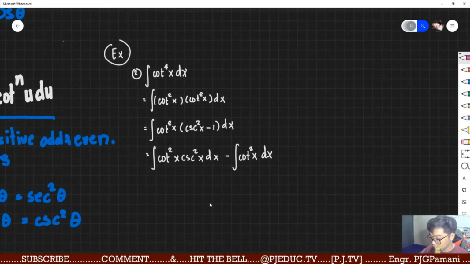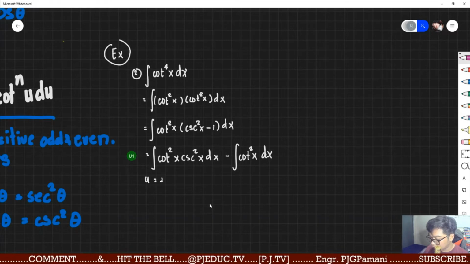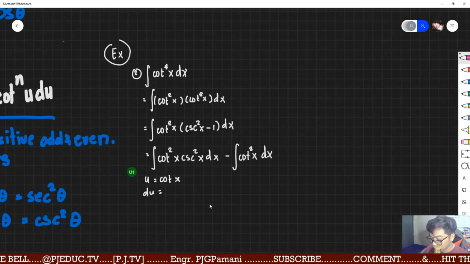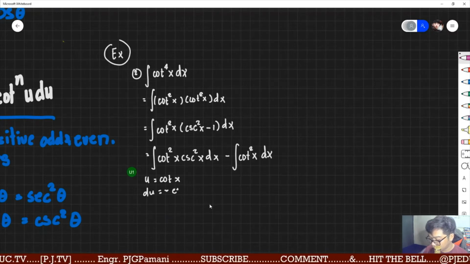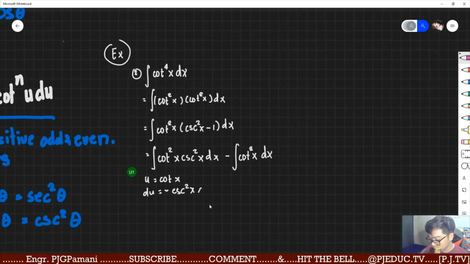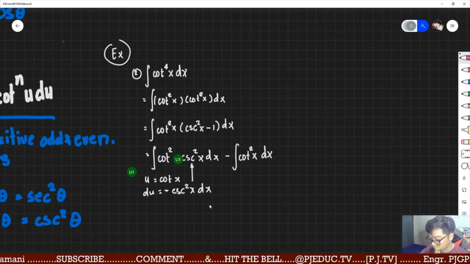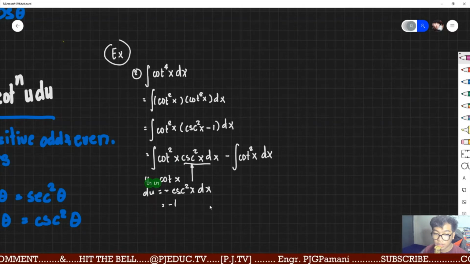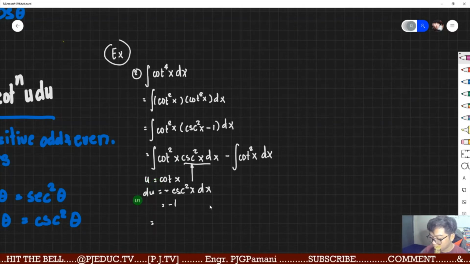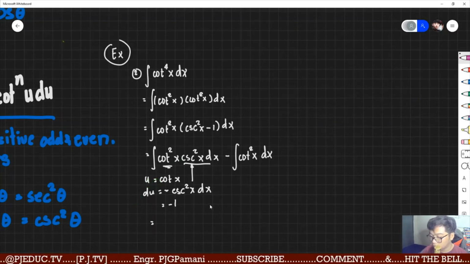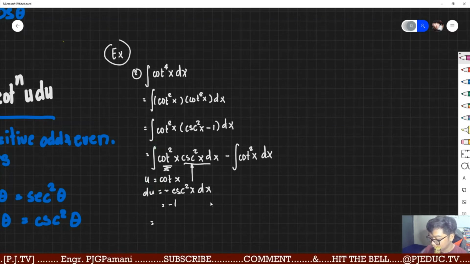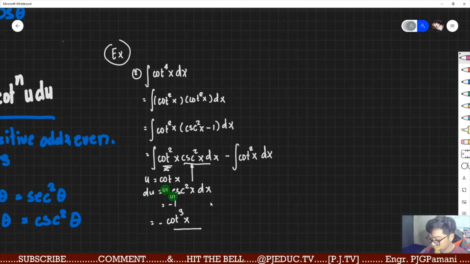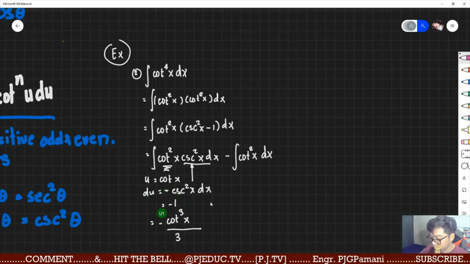Then we know that the differential of cotangent is simply equal to negative cosecant squared x dx. So we have common terms. We introduce a correcting factor equivalent to negative 1, then apply the power rule here. So that is now negative cotangent cubed x over 3 for the first term.